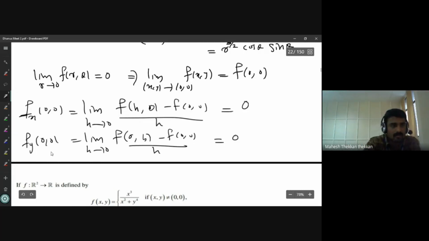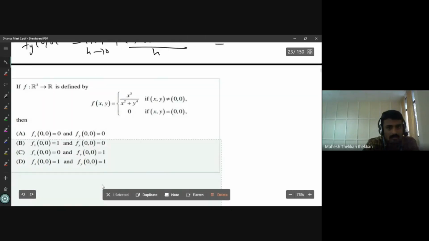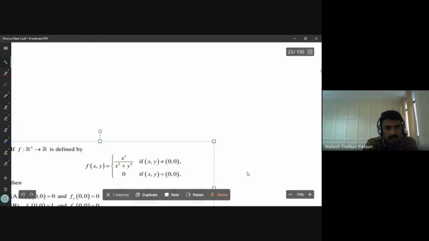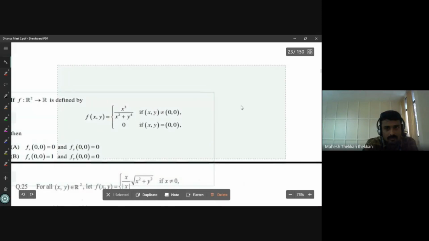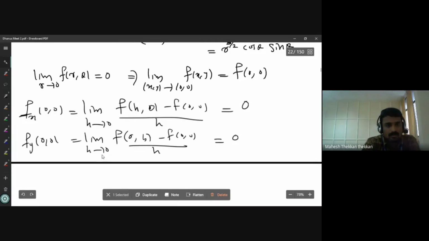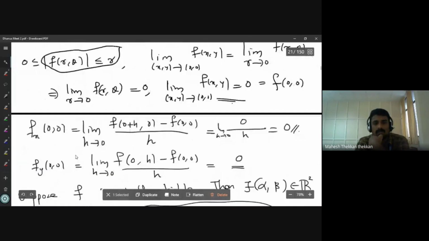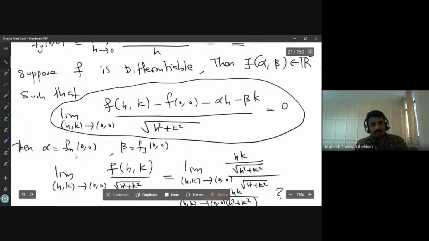Okay. Now again I wanted to look at whether f is differentiable. This is the definition for differentiability, right? Limit hk tending to 0, 0, f of hk minus f of 0, 0 minus alpha h minus beta k divided by square root of h square plus k square has to be 0.